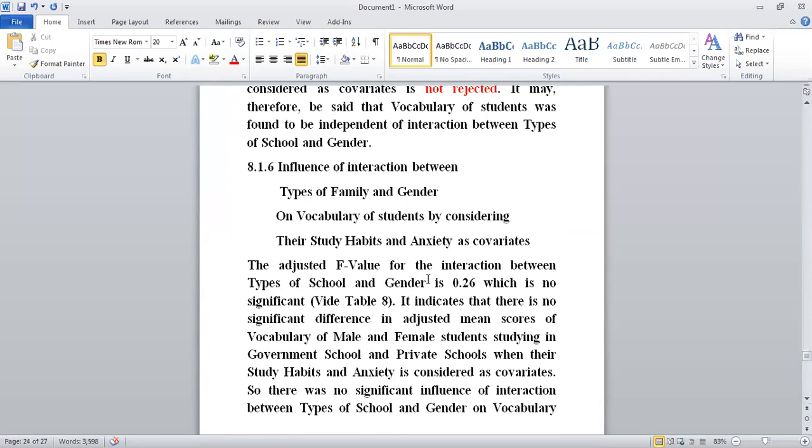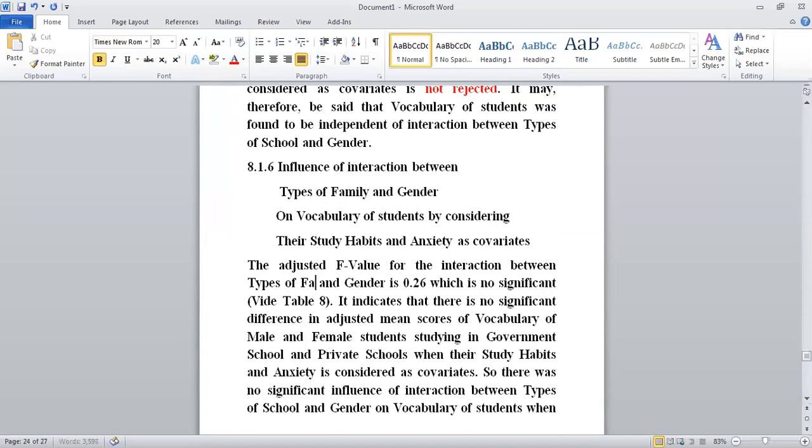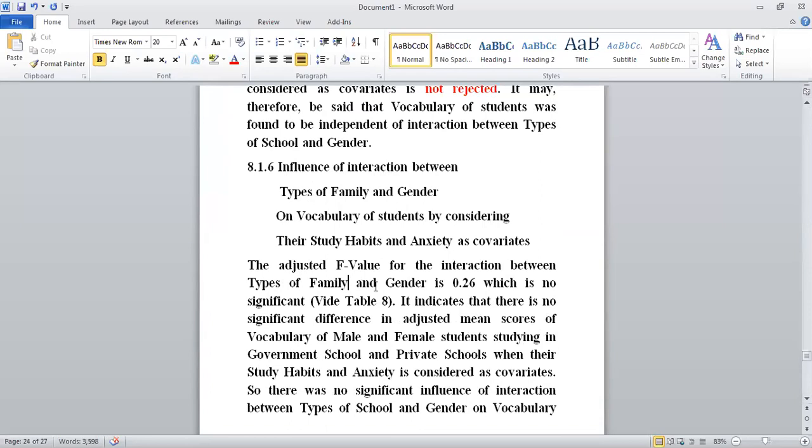So the adjusted F value for interaction between types of family and gender is 2.32, which is not significant.